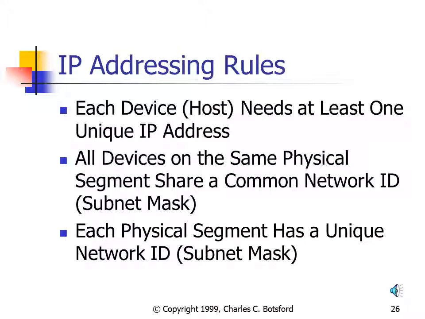They will have a unique host ID, but again, all devices on a physical segment share a common network ID as specified by the subnet mask. Also, if your network has multiple physical segments, each physical segment would have a unique network ID, and of course, all computers on each physical segment share that physical segment's network ID.